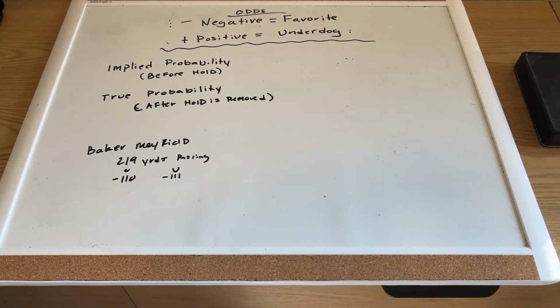Your true probability will be after the hold is removed. To give you a good explanation of what the true probability means, it's your real data, a data-based estimate of how likely that outcome is to happen.